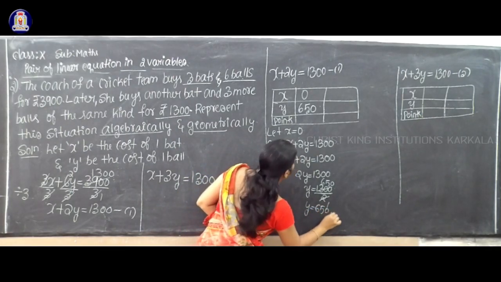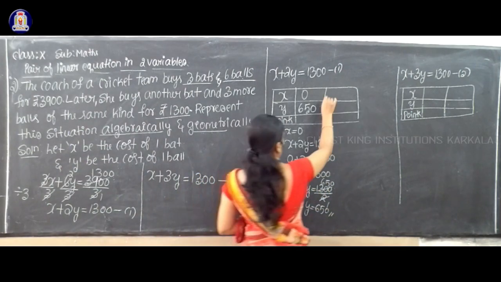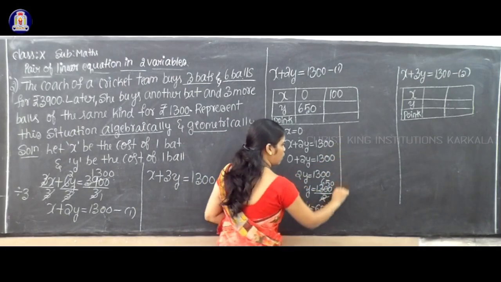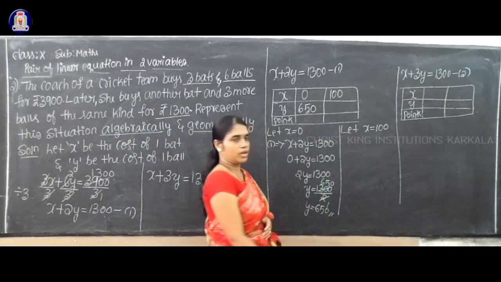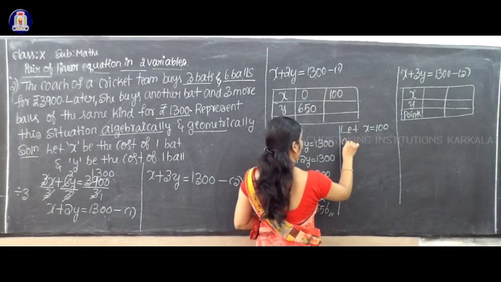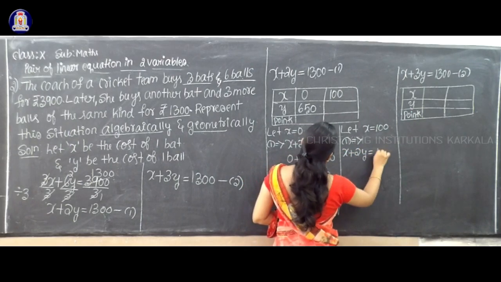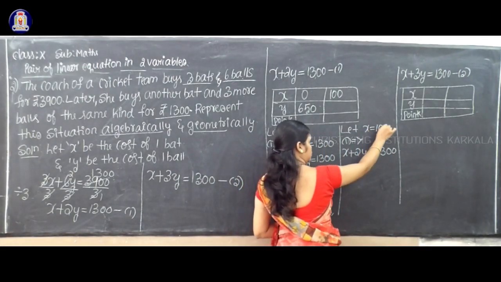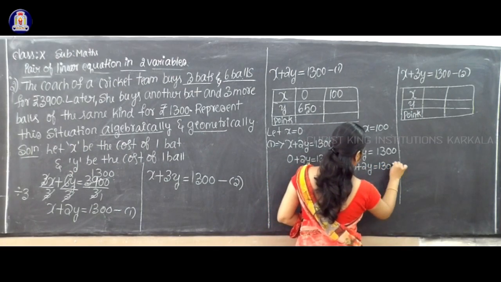Now another value you have to consider. Suppose x is equal to 100. Then what about the value of y? Substitute x equal to 100 in equation number 1. Equation 1 implies x plus 2y is equal to 1300. In the place of x, substitute 100: 100 plus 2y is equal to 1300.